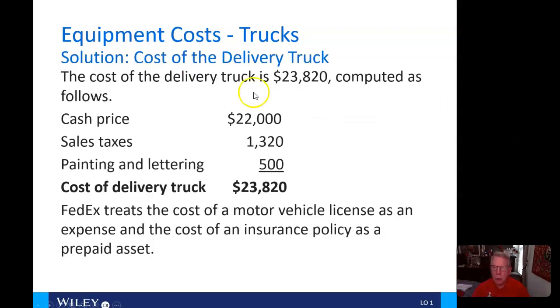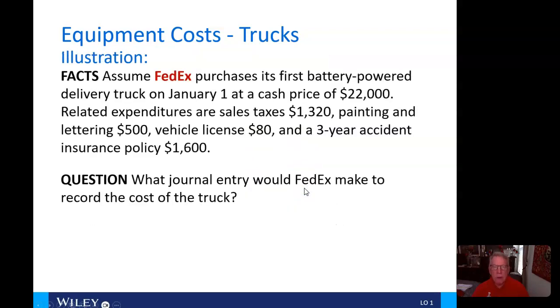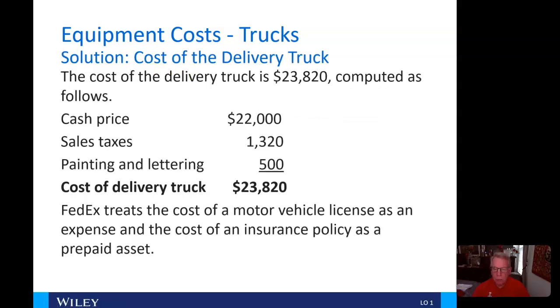Well, what we're going to do is include the cash price, the sales taxes, the painting and lettering. That would be here, here, and here. But for the remaining costs, FedEx is going to treat the cost of a motor vehicle license as an expense here, and the cost of an insurance policy as a prepaid asset here.